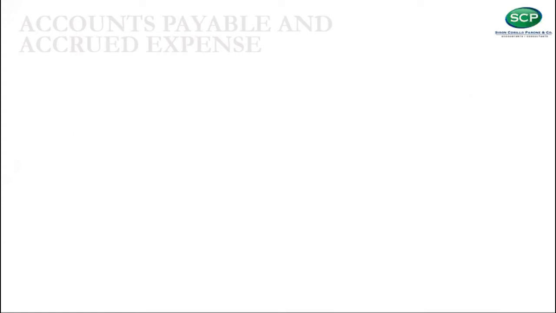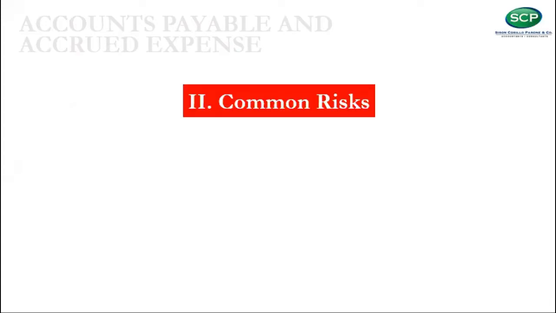So now that we have an idea what the typical or basic controls implemented for the accounts payable function are, we can now discuss the common risks related to the account. The possibility of these risks occurring becomes high when the internal controls implemented for the accounts payable function are weak.